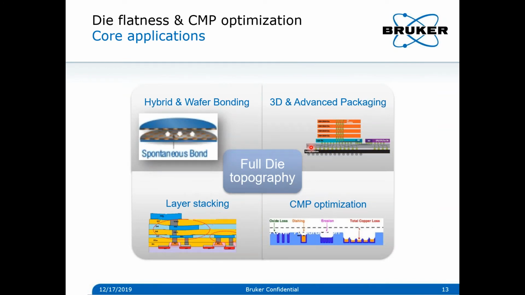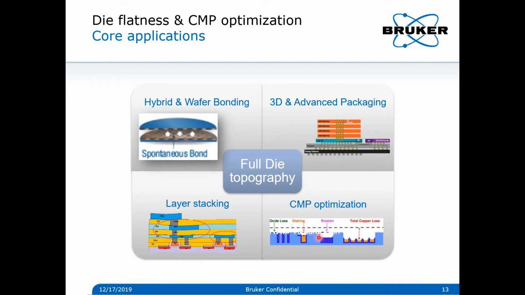The next application is really one of the hottest and key applications enabled by the white light interferometry technique. It is to deal with chemical mechanical planarization. So CMP has existed in semiconductor processes since the start. The idea is to make sure that at some point you make everything flat, even though you have a very heterogeneous structure.